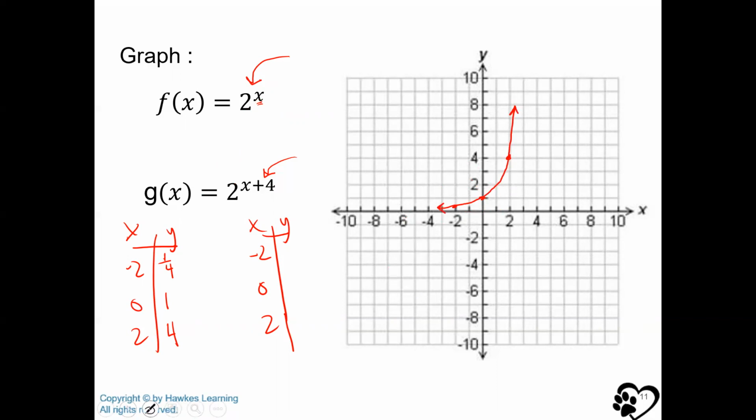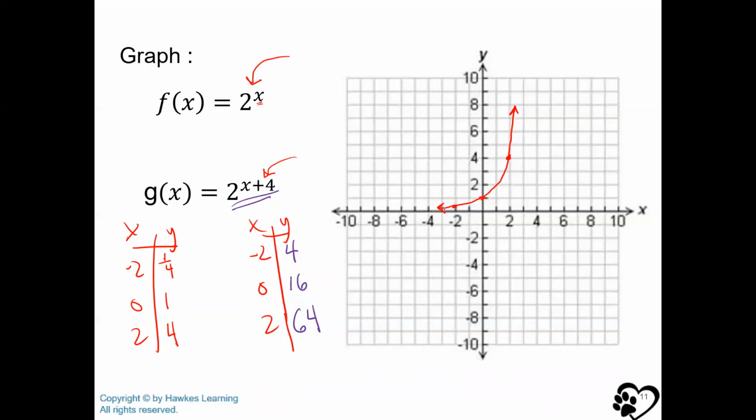And then let's use a different color to do the second one. So we're just going to use our calculator. So 2 raised to the -2nd plus 4, because that 4 is in the exponent. It's up there in the power. All right, and then we're going to do 2 raised to the 0 plus 4, which is 16. And then 2 raised to the 2 plus 4 is 6, which is 64.